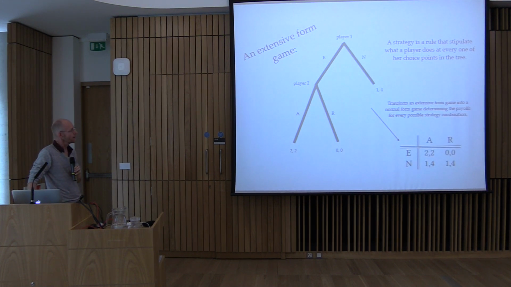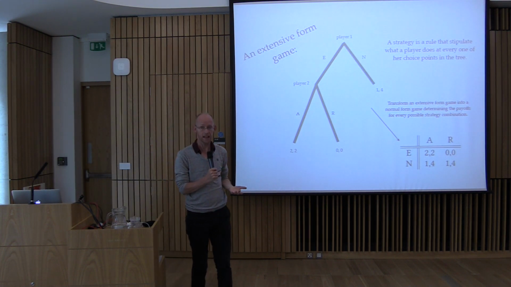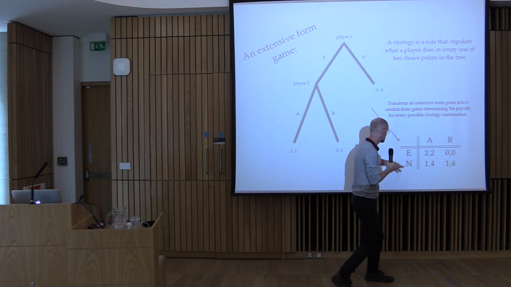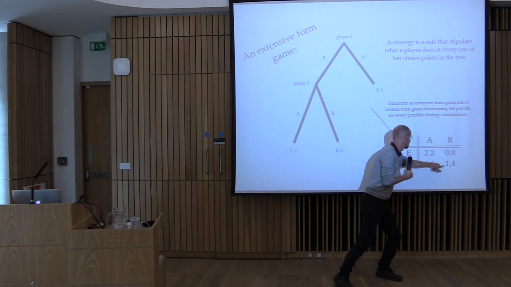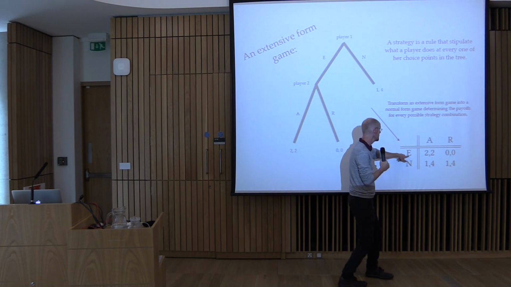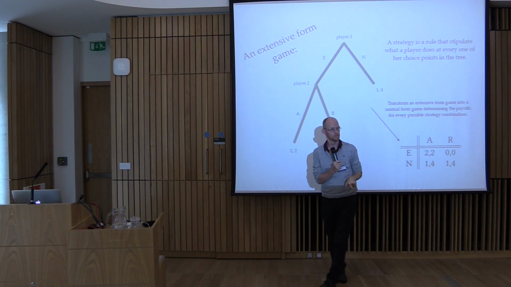Now, this game is an extensive form game, but we can still analyze it in strategic game form. If the first player chooses N, the value is always fixed. But if the first player plays E, then the utilities depend on what the second player chooses.